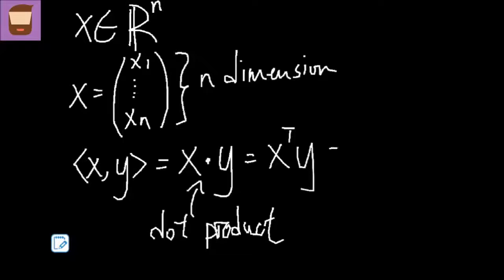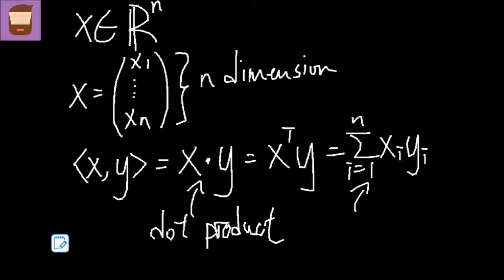The formula is the summation over i from 1 to n of xi yi. Here we get a scalar, and that's why we call it scalar product. That means we will not get a vector after the operation.